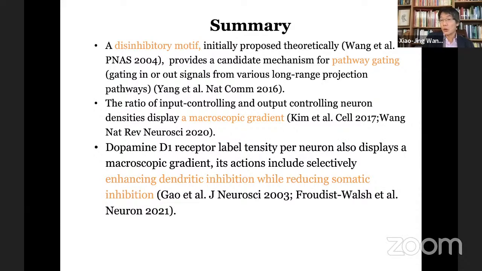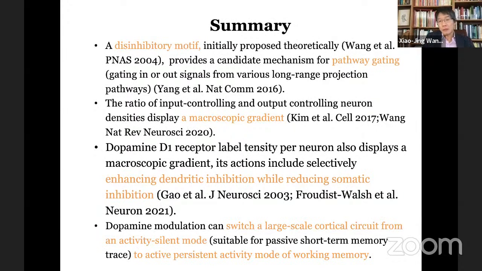We start to incorporate that as well as the dopamine D1 receptor modulation gradient, which in part, as I showed, acts through selectively enhancing dendritic inhibition while reducing somatic inhibition. And that may be really important for filtering out distractors, as well as potentially switching between this activity silent mode versus active mode for short-term memory trace, which is passive versus active working memory.